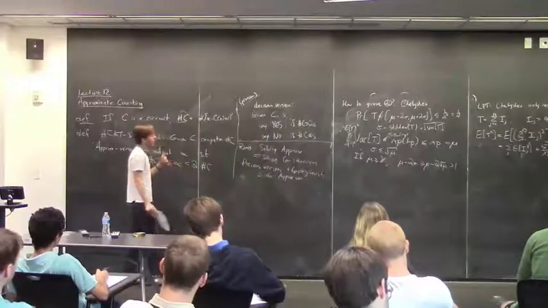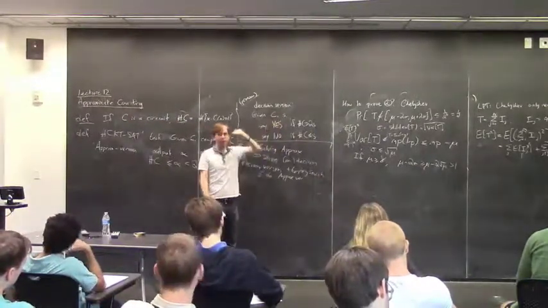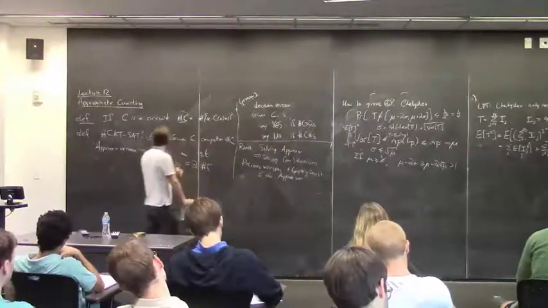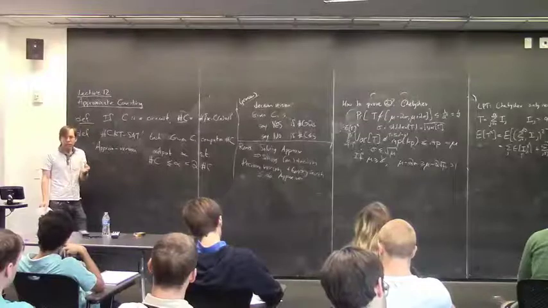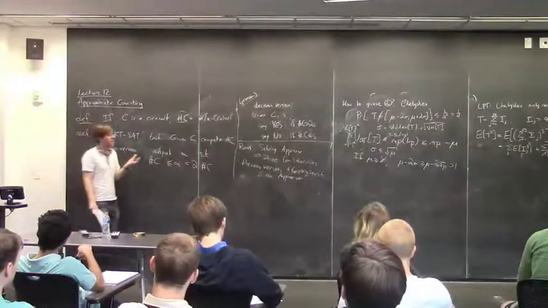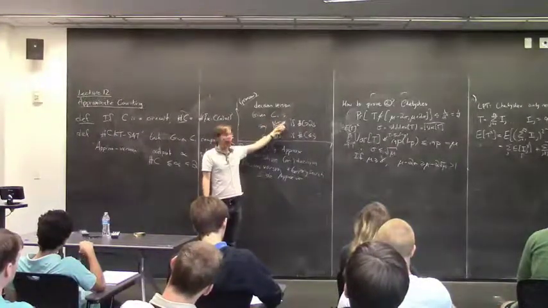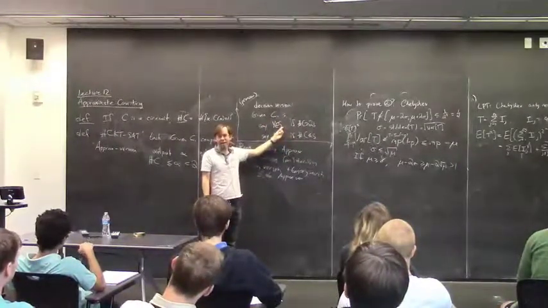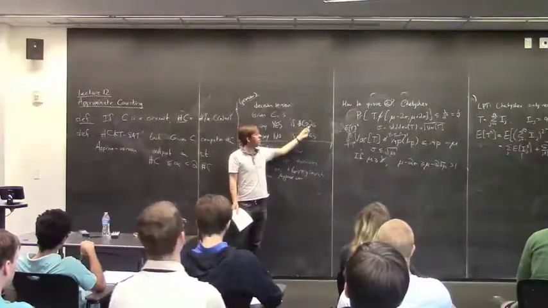By repeatedly doing the decision version for different values of S that you binary search on, you can come to estimate sharp C. It's not completely trivial because it's an approximate binary search. If you have some guess S that you start out with, you run your algorithm and let's say it says yes. What do you know if it says yes? You don't know that sharp C is greater than 2S.